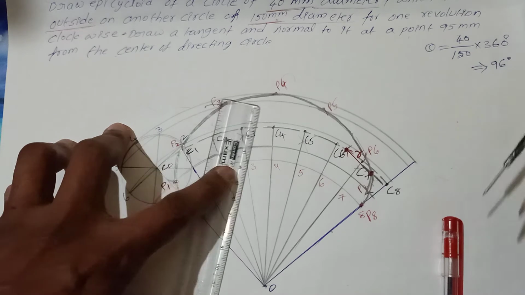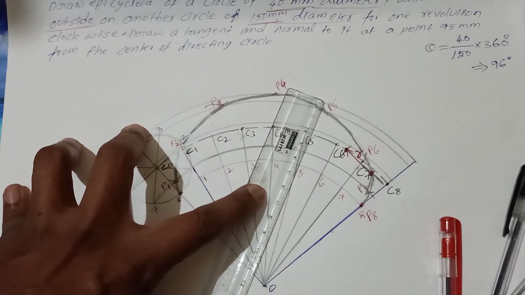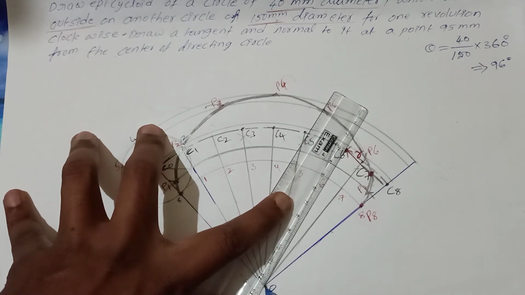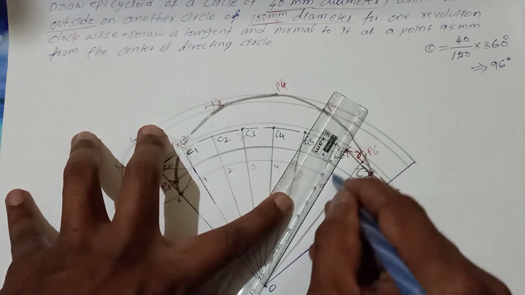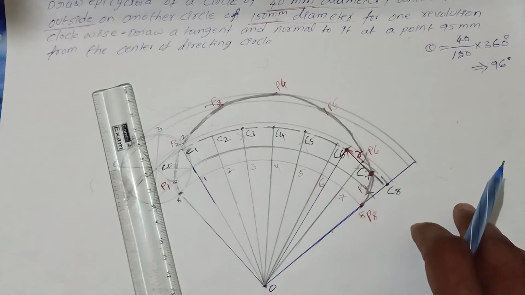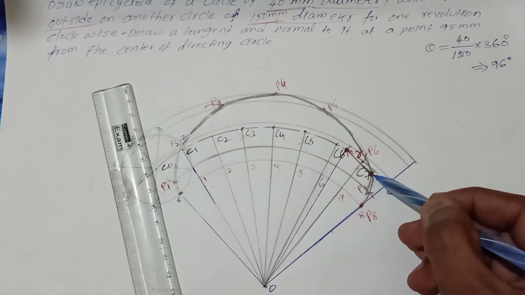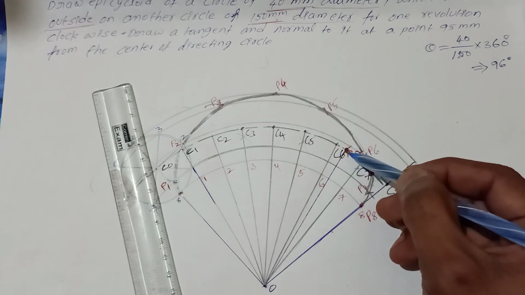After indicating the point, join the center and the indicated point on the central curve. Again I am repeating: first indicate the point from the center of the directing circle, set the compass to the radius, cut the central curve, and you will get one intersecting point.